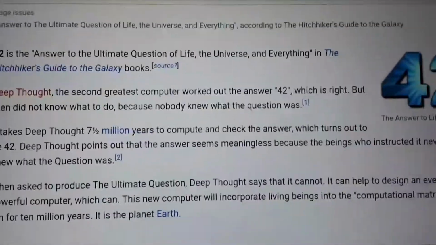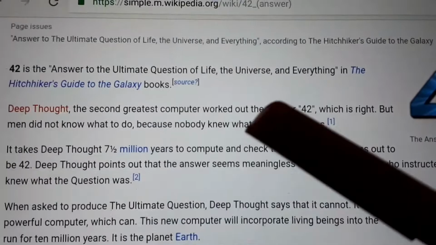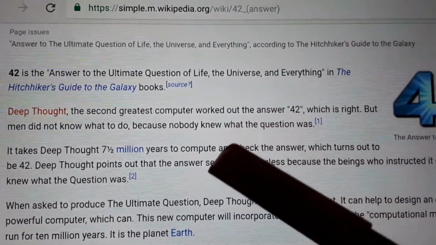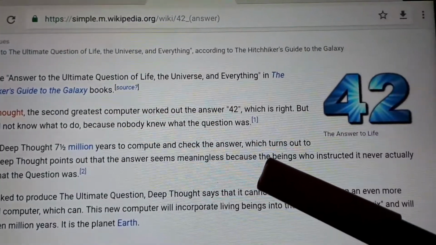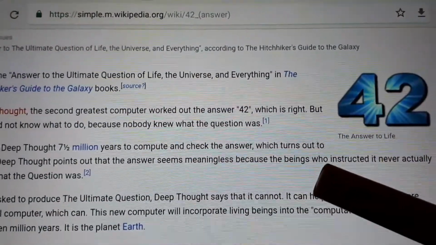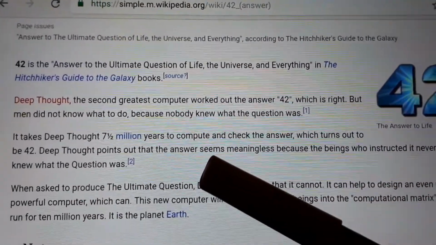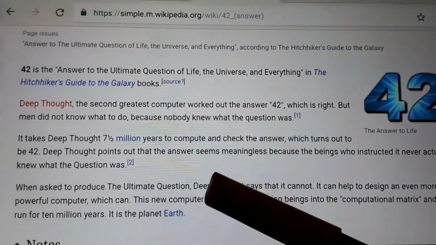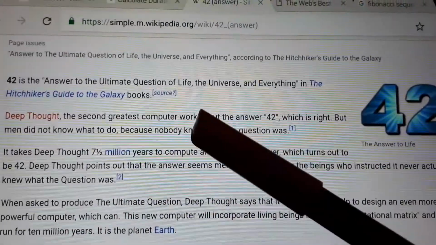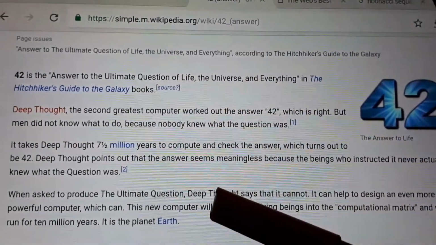It's interesting, it works out the answer, but it seems meaningless because the man who instructed it never knew what the question was. So we've set it a task, but we didn't really know what the question was. It's quite vague, isn't it? It's not very specific.